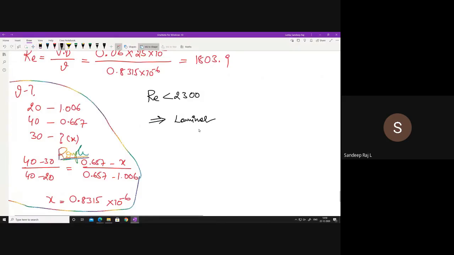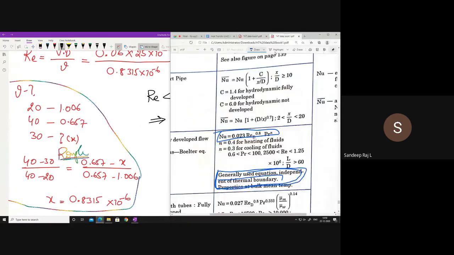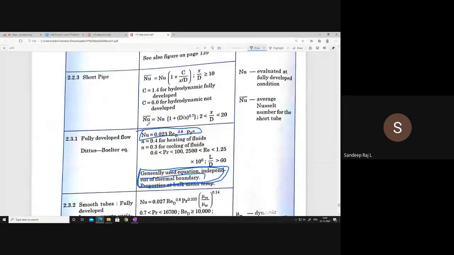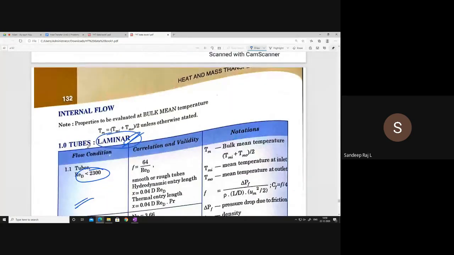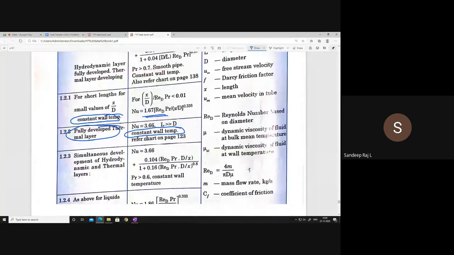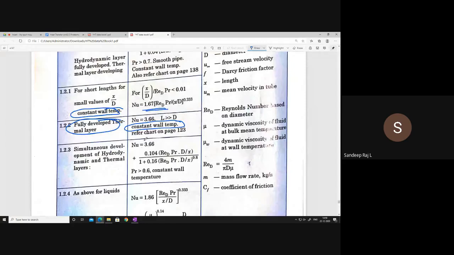So how to find out the h value? You have to go to the laminar formulas here. These are all laminar formulas. From the laminar formulas, this is a constant wall temperature case here. So since this is a constant wall temperature case, you can make use of this Nu is equal to 3.66.